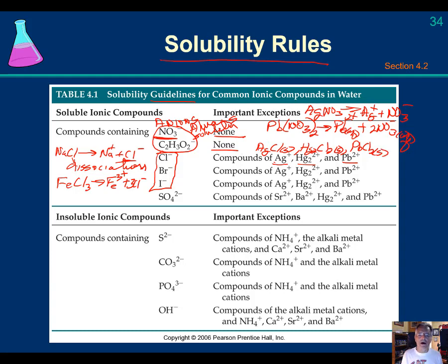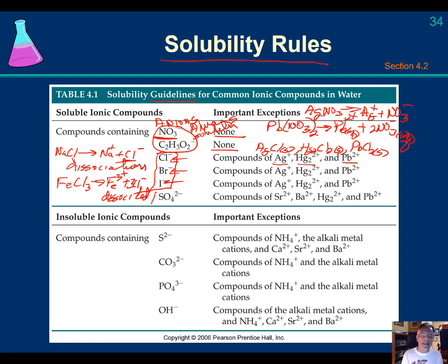But if I take any other metal than silver, mercury, or lead and put it with chloride, that's going to be a strong electrolyte, like iron 3 chloride. These are dissociated ions. That's a strong electrolyte. Strong electrolytes can never be driving forces. So chloride ion, bromide ion, iodide ion will mostly be soluble unless I put them with silver, mercury, or lead, and that's for any one of those.